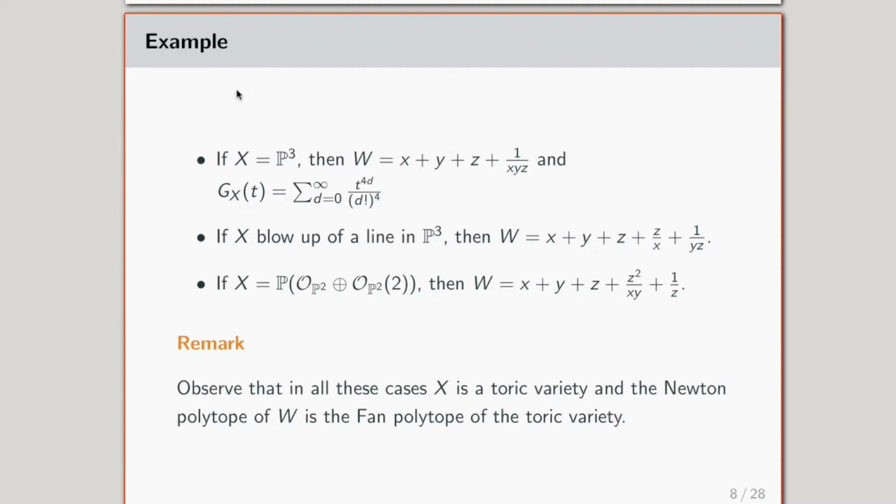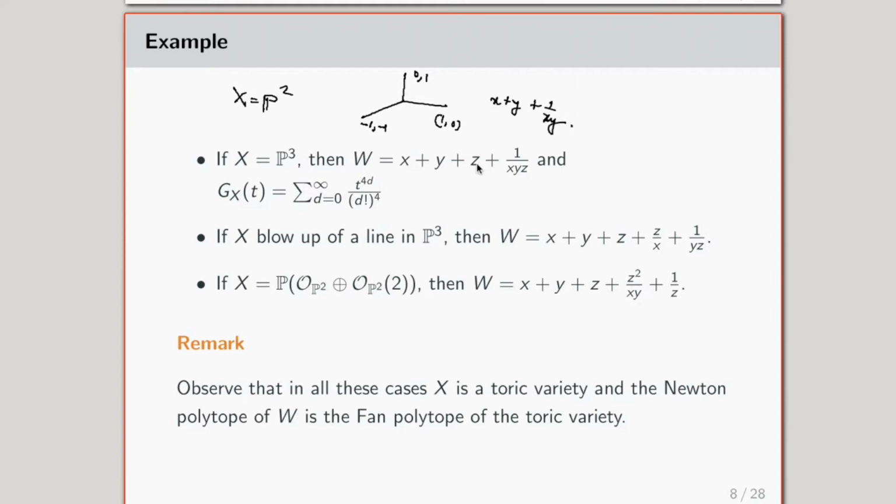If you see the Newton polytope, for example, let me write this. If I take X equal to P2, then the fan polytope here looks like this, which has (minus 1, minus 1), (1, 0) and (0, 1). So here the potential is just x plus y plus 1 over xy.